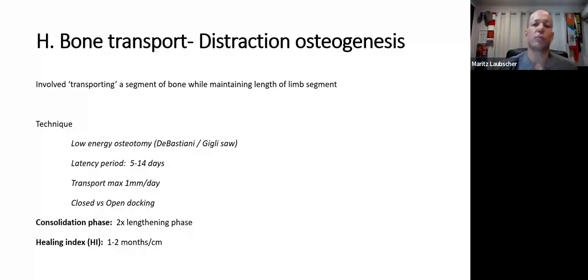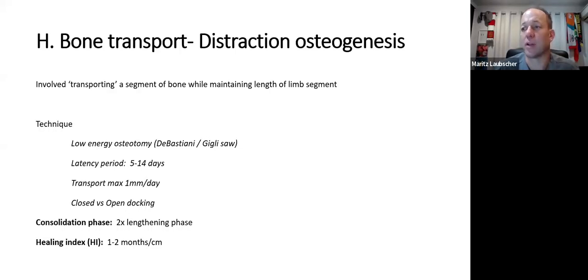So bone transport, utilizing the technique of distraction osteogenesis as described by Ilizarov, is really the mainstay of reconstructing large segmental defects, specifically in the tibia. The technique in general relies on a low energy osteotomy.